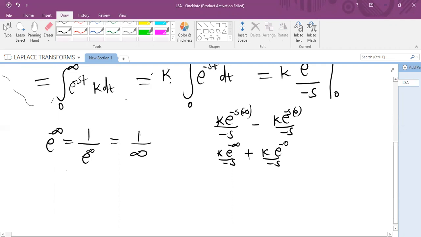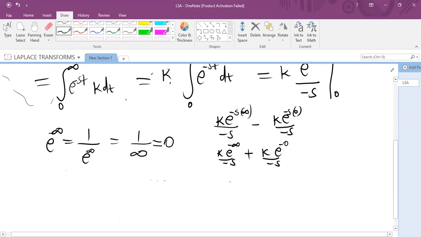Now, what happens when you take a small number like 1 and divide by a very big number? Your answer will be approaching 0. Let's take 1 divided by, say, 1 million, you'll be getting 0.00000. So obviously your answer will be 0 if you take 1 and divide by a very big number.